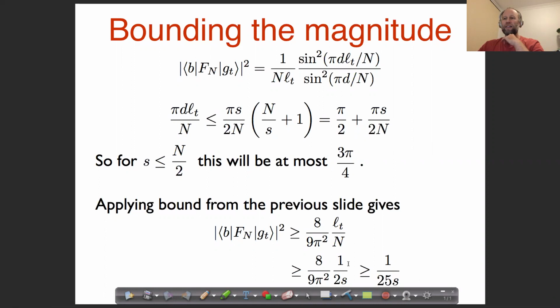So plug that in and simplify, and that gives you that this magnitude squared is at least 1 over 25s. So this proves the claim, and that also finishes the proof of the lemma. Now you actually have all the gory details of the proof of correctness of Shor's algorithm for this relaxed period finding problem.